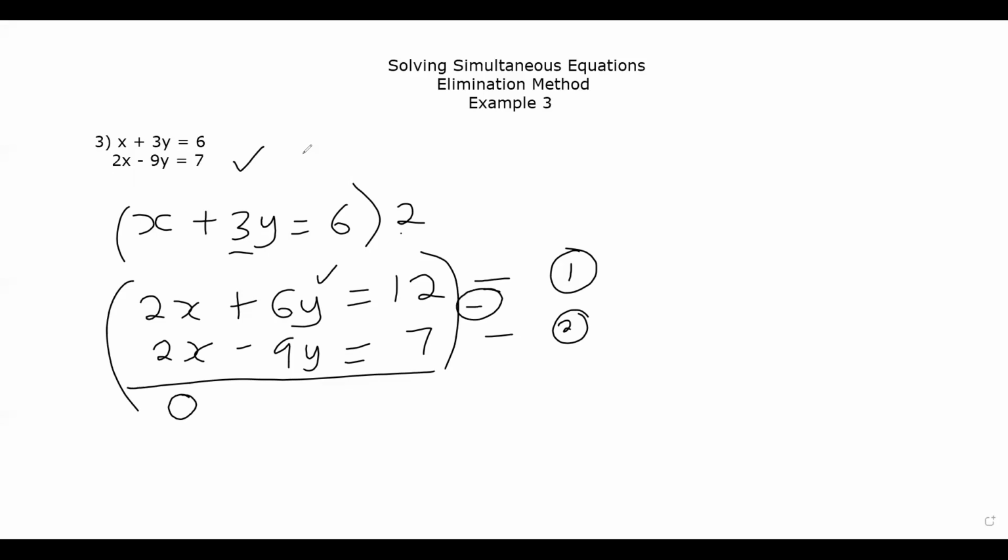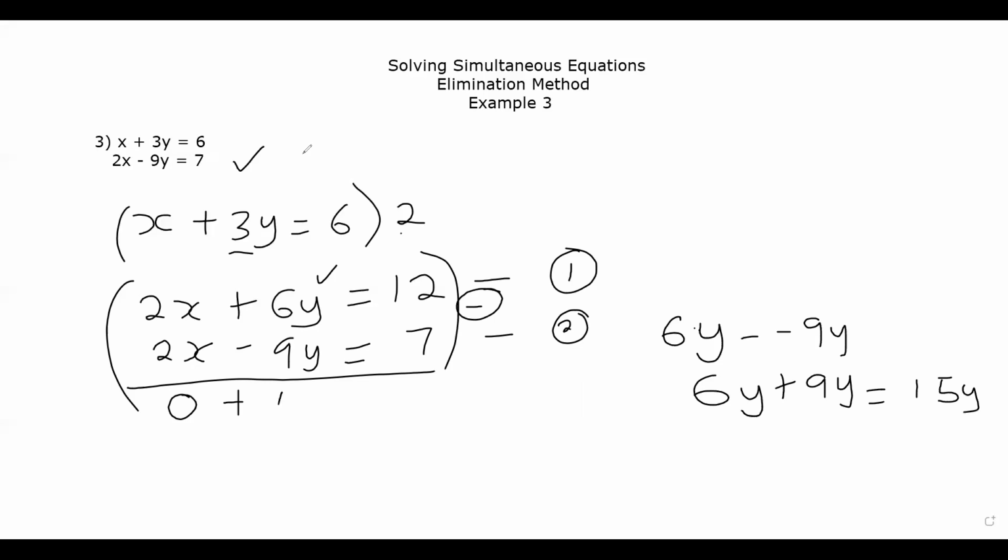So it's 6y minus negative 9y. When we have two negatives following each other, we evaluate them to a positive number. So it becomes 6y plus 9y, which evaluates to 15y.